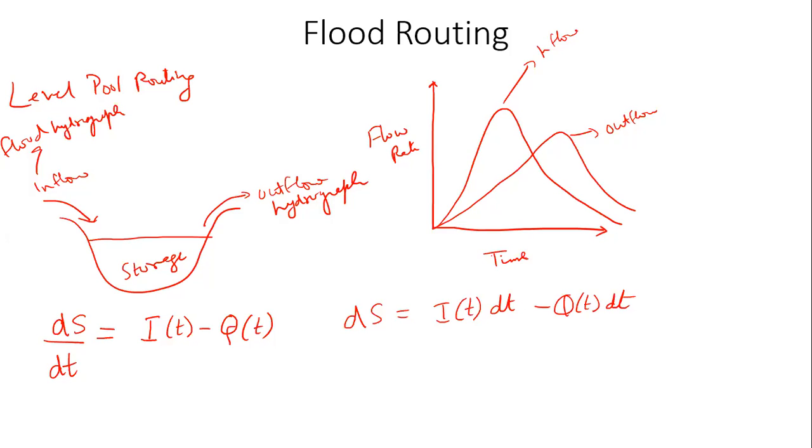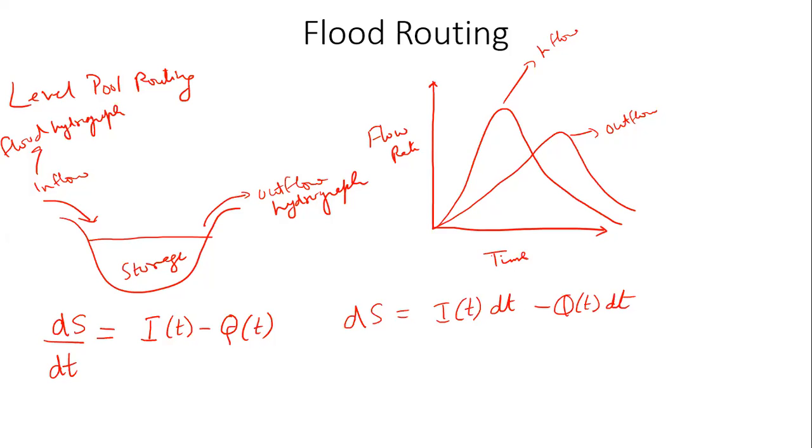So now when I say outflow hydrograph, what do I mean? Let us imagine at time t equal to 0, the outflow from the reservoir was 0. At this point, time t equal to 0, the inflow hydrograph starts to come into the reservoir.